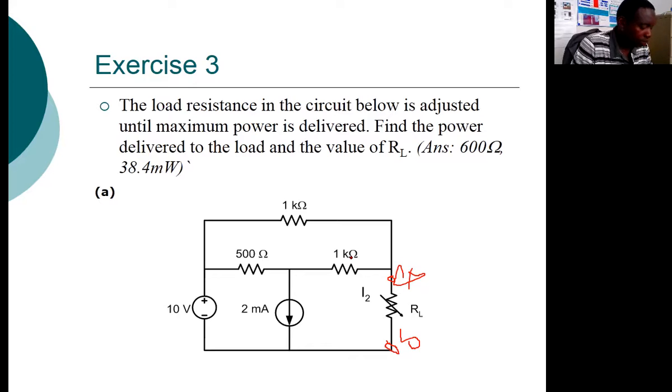So when you are measuring the voltage across A and B, what you are really measuring is the voltage drop across the 1 kilo ohm resistor at the top. Let me redraw and show you why.